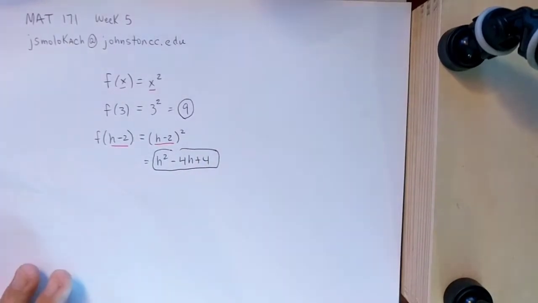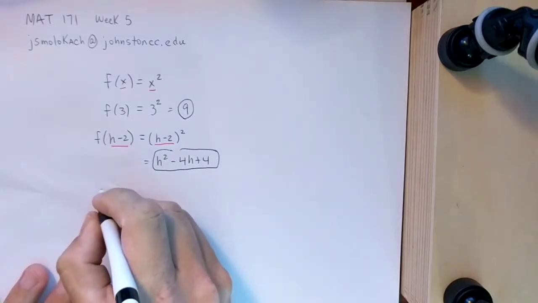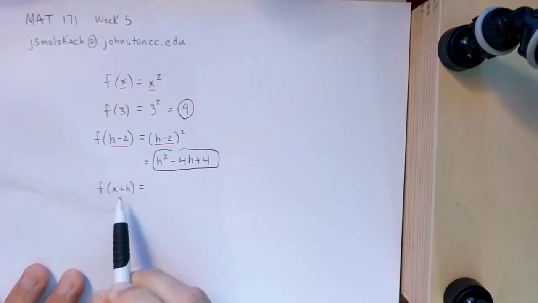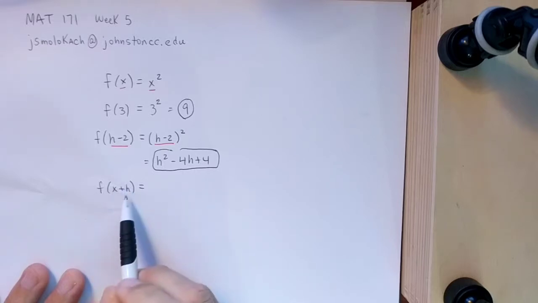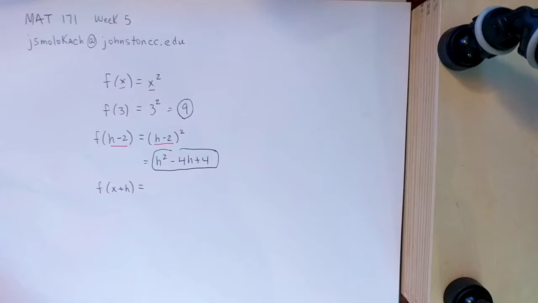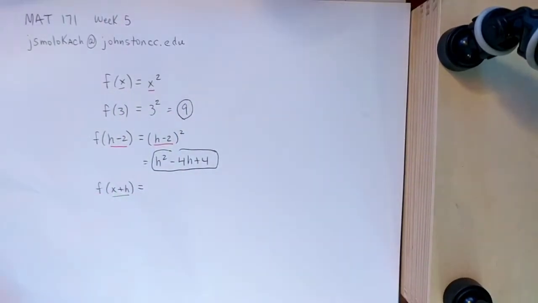So there are other things you can put in the place of x, namely something bigger than x. This is going to be really important in a future lesson when we're dealing with something called the difference quotient. But for now, we'll just do like we did before. We'll take the x out and replace it with x plus h.